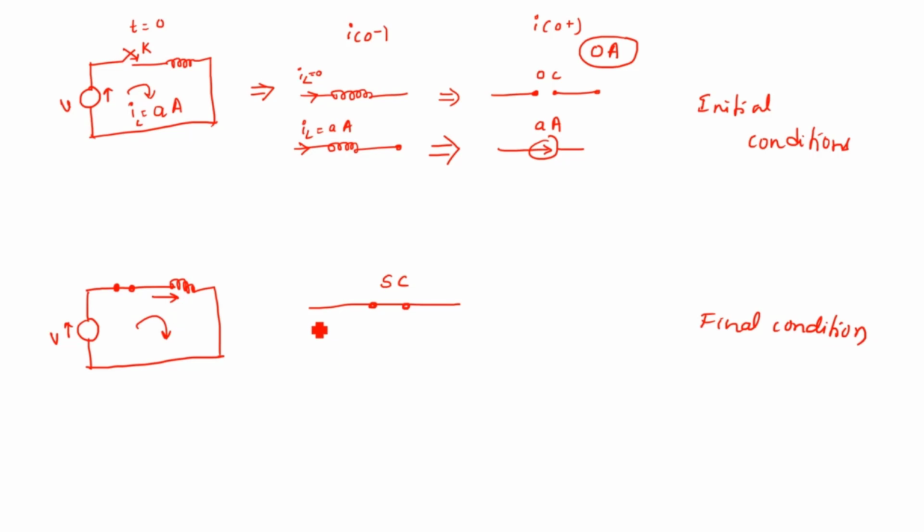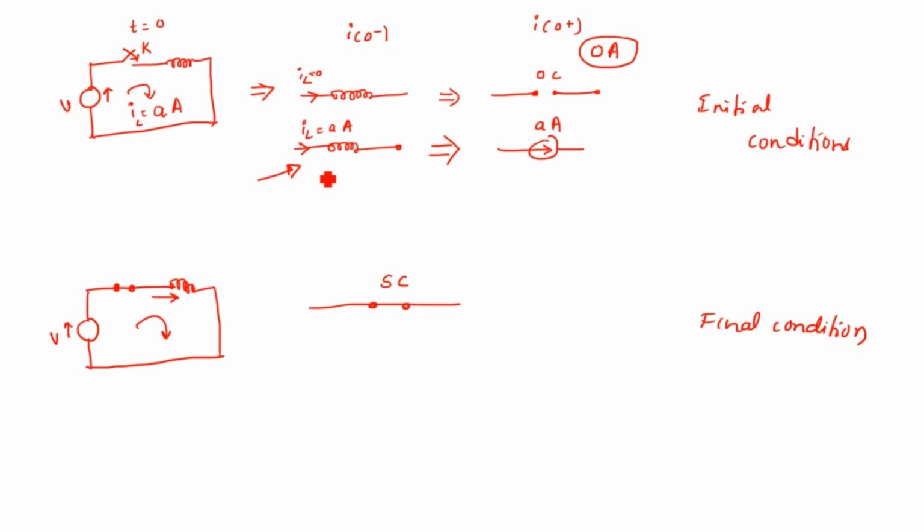And before switching, if there is some amount of current flowing through it like this, so this is the equivalent circuit for the first case. These two are one and the same. So it is the initial condition, then its respective final condition.